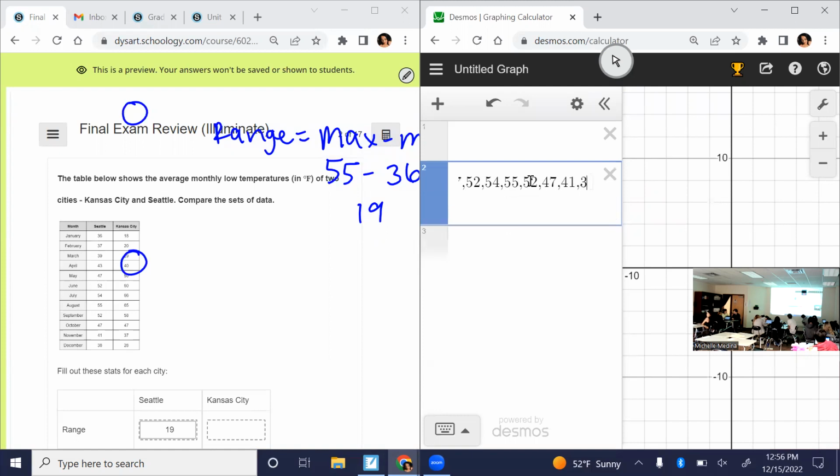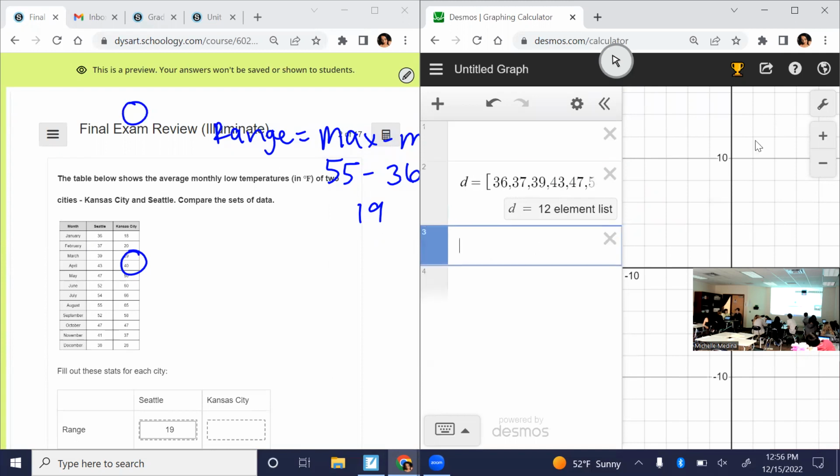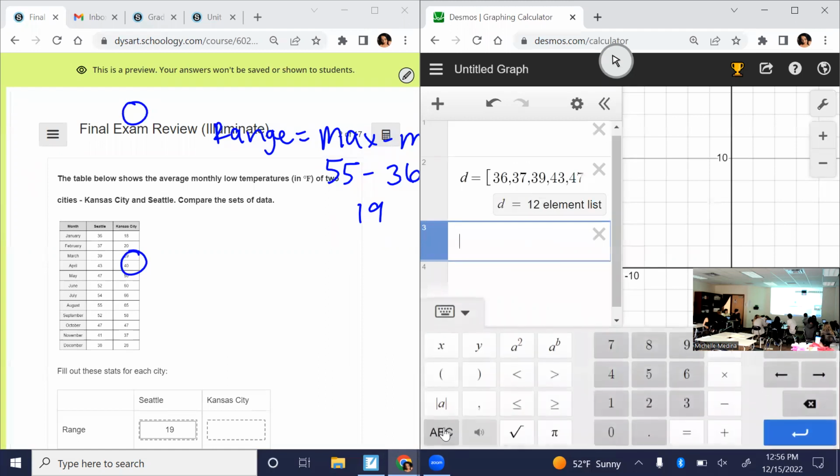Okay, so I think I have all of them and it'll tell you how many numbers are in your list. So you'll just want to go back and make sure that's how many data points you were given. So yeah, January through December is 12 months. So that sounds accurate.